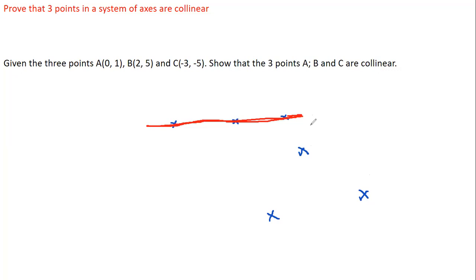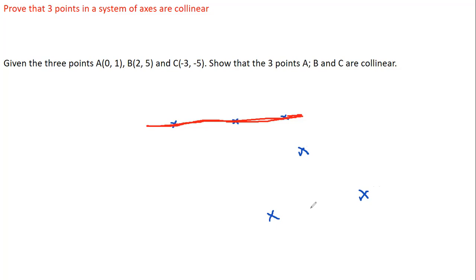No, we cannot. These 3 points are given to you. Can I draw one straight line passing through the 3 points?